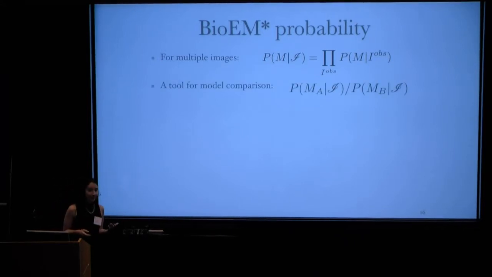And what we have found is that this is a very good tool for model comparison. So if I have, for example, two different maps or two different models, and I use this BYN posterior, I can correctly discriminate and rank which model is more probable or which map is more probable.